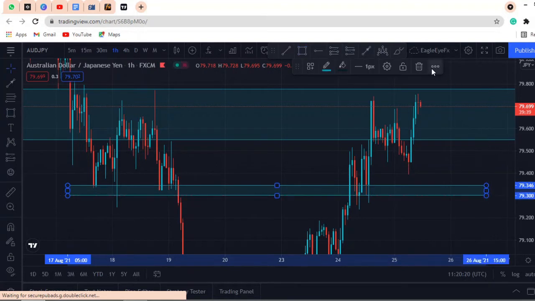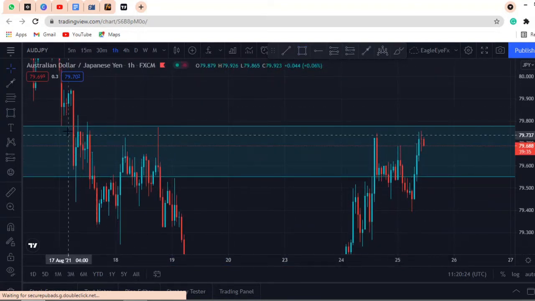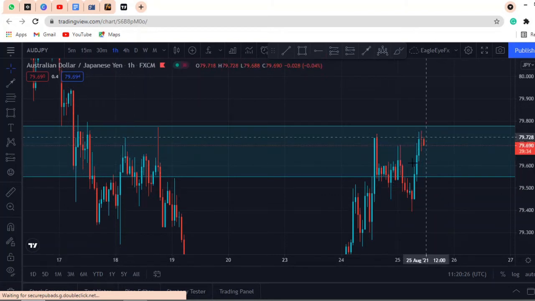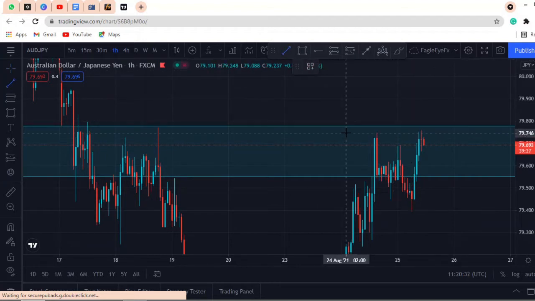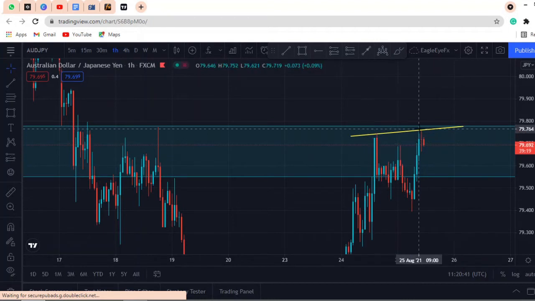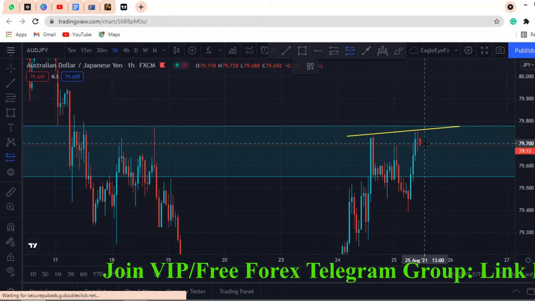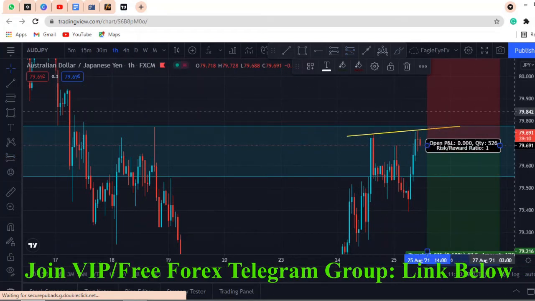There's a level here, but I don't want to draw so many levels so that I don't confuse you. You can see that this market has still not been able to break this zone here. So maybe what I can do is draw some sort of trend line like that. Okay, then you can see that it has formed some sort of a double top. Okay, then I can enter my sell here.